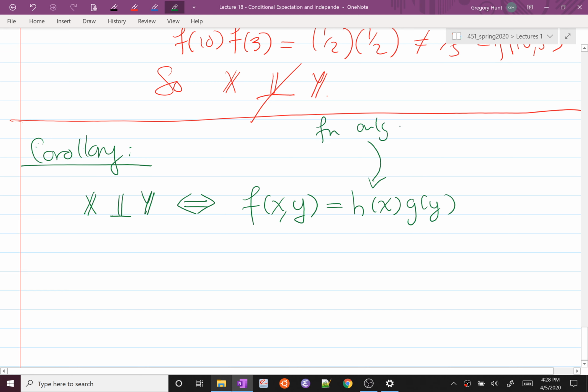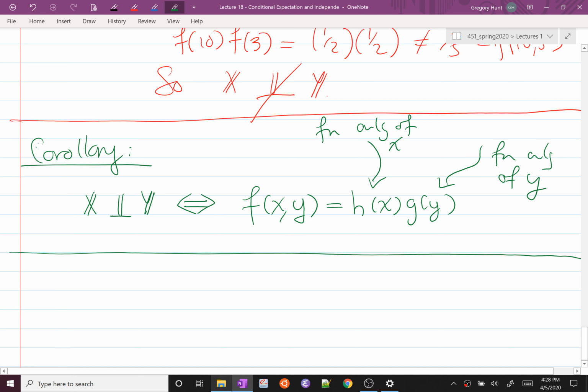They don't even have to necessarily be the marginal of x and the marginal of y. They could be, and that would satisfy the theorem. I just have to show I can separate out the joint into the product of something involving x and something involving y. I could make those the marginals if I'm clever enough, but I don't even need to find the marginals, which could involve integration that I don't want to do.